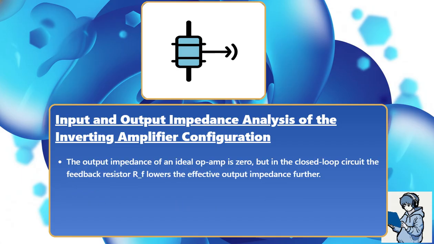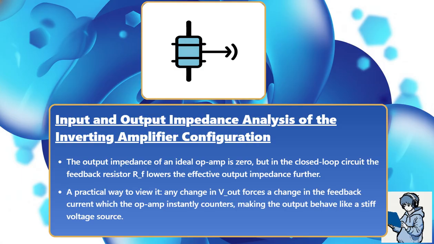The output impedance of an ideal op-amp is 0, but in the closed-loop circuit, the feedback resistor R sub F lowers the effective output impedance further. A practical way to view it: any change in V sub out forces a change in the feedback current, which the op-amp instantly counters, making the output behave like a stiff voltage source.